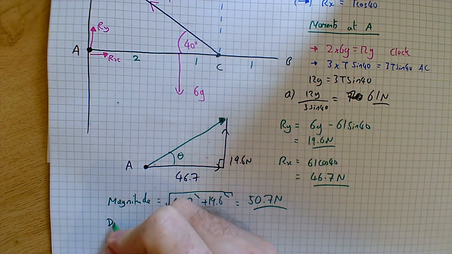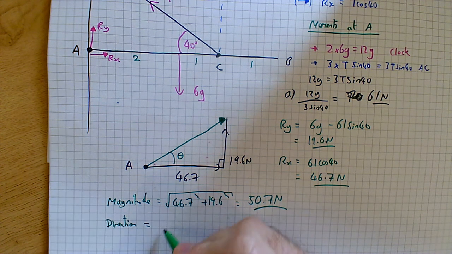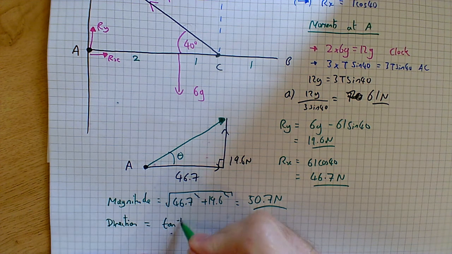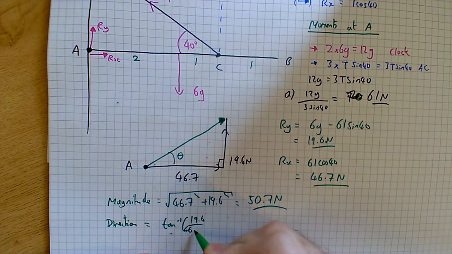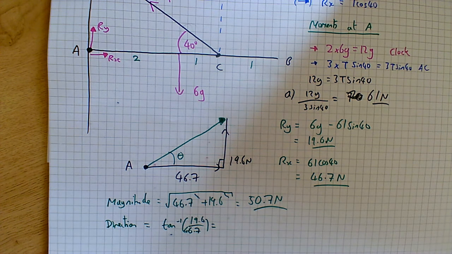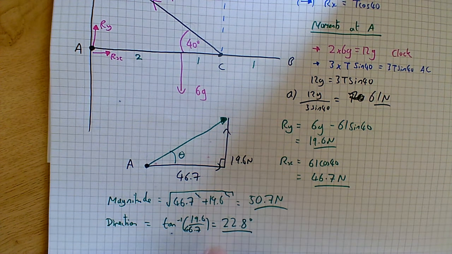So the direction is equal to tan inverse of 19.6 over 46.7, which gives me 22.8 degrees.